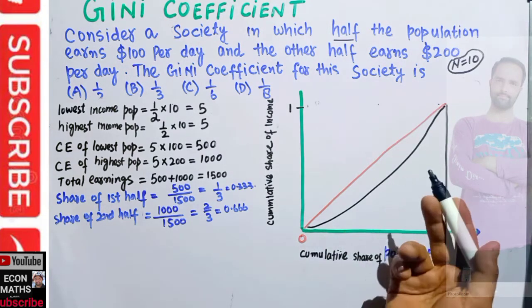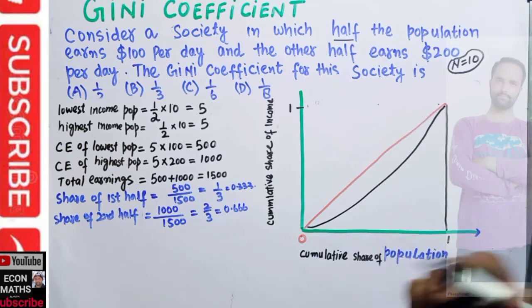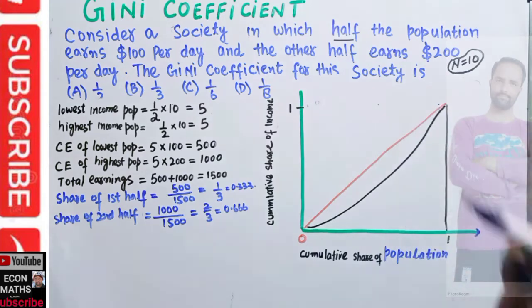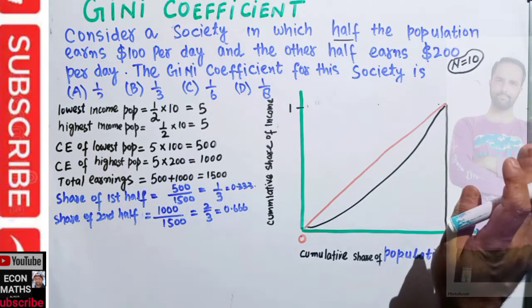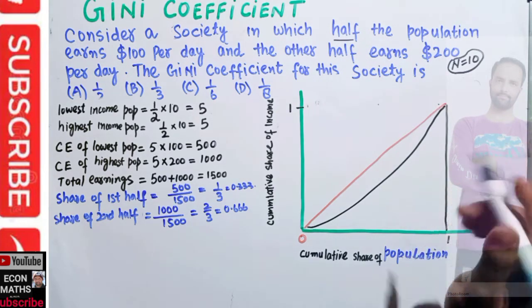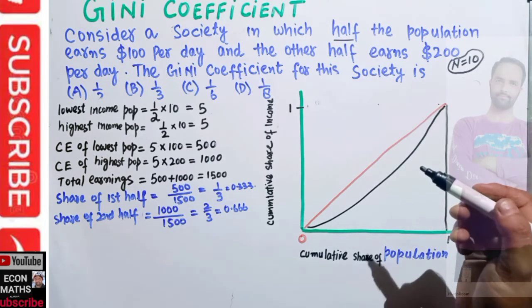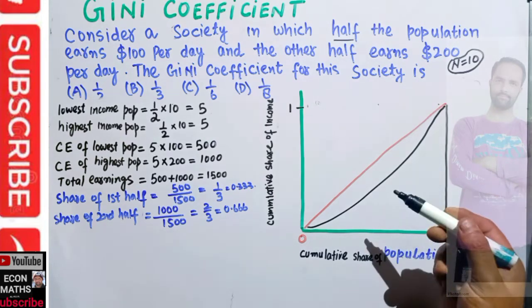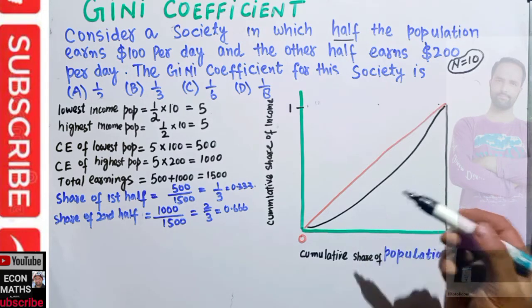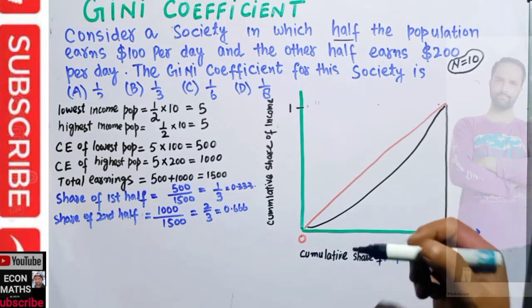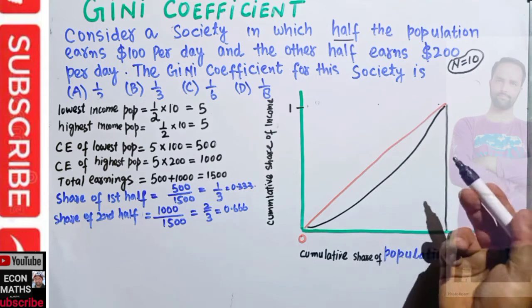The Lorenz curve is the graphical representation of the distribution of income or wealth. This red line shows us the line of perfect equality, by which we simply mean that every percent of population owns the same percent of income.